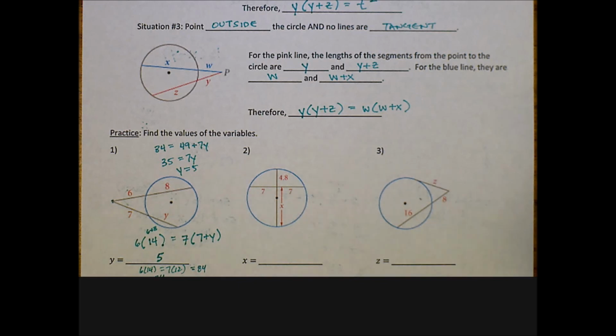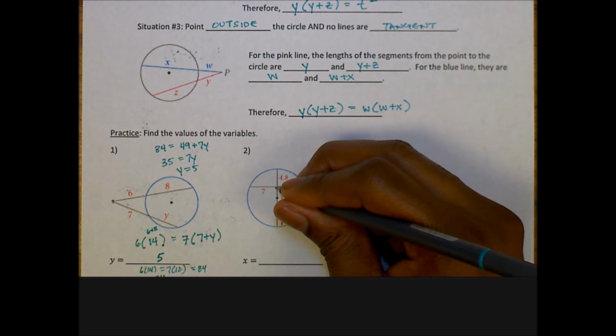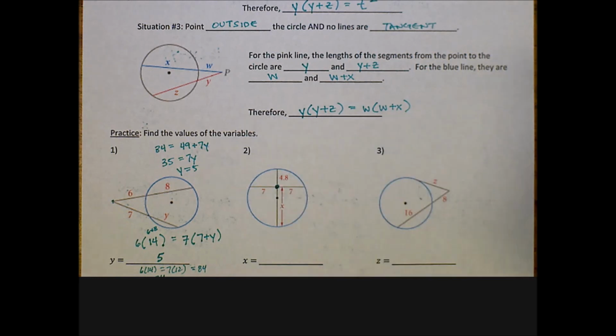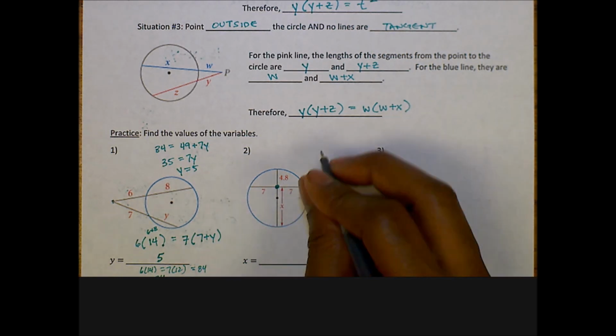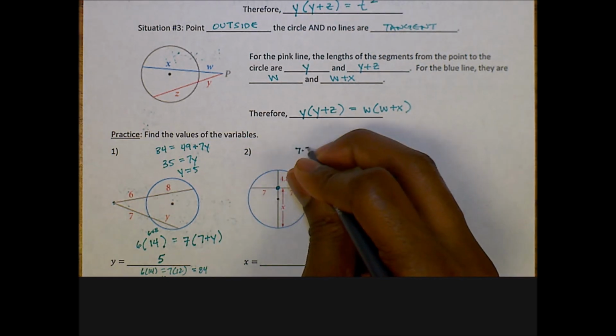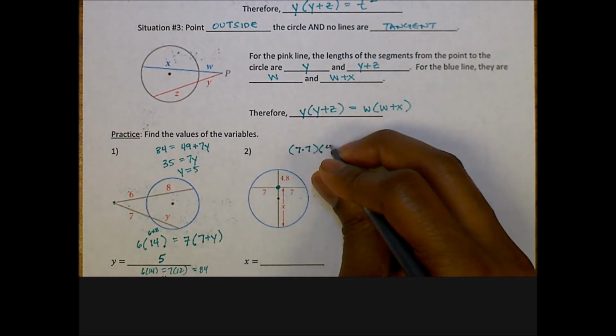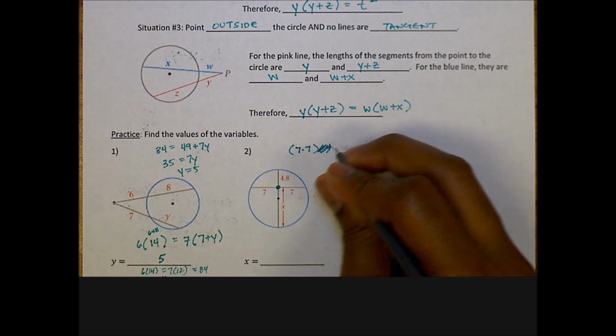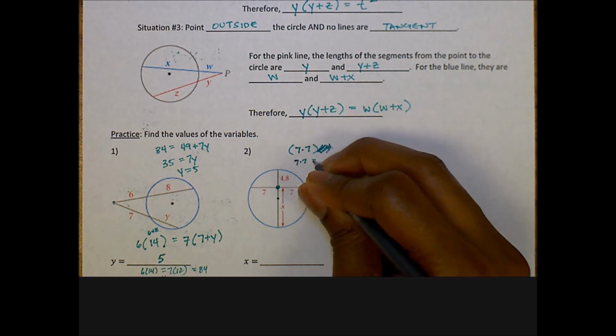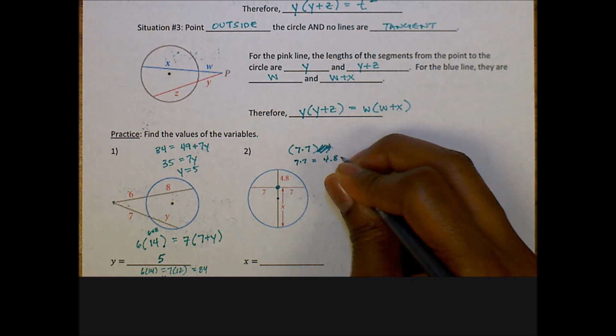Number 2, looking at this situation, our point inside the circle meets here, and we know that it has a product. The product of its distances from the edge of the circle should be constant. So here, we're given a line, 7 and 7. And here we're given 4.8. 7 times 7 should equal 4.8 times x.